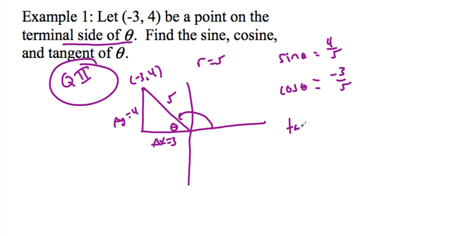And my tangent of theta, which is opposite over hypotenuse, is going to be 4 over 5. What am I doing? That's not tangent. Opposite over adjacent, which is going to be 4 over negative 3. All right? So let's take a look at one more example and I'll wrap it up.